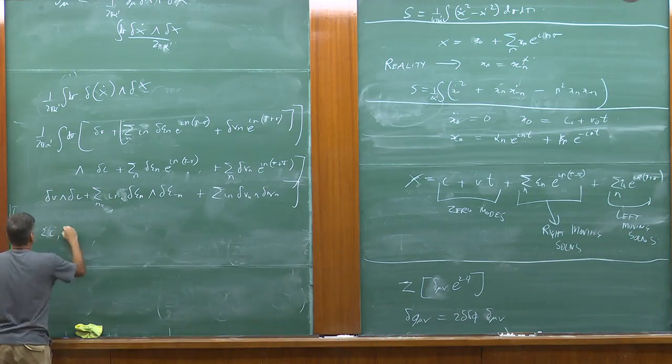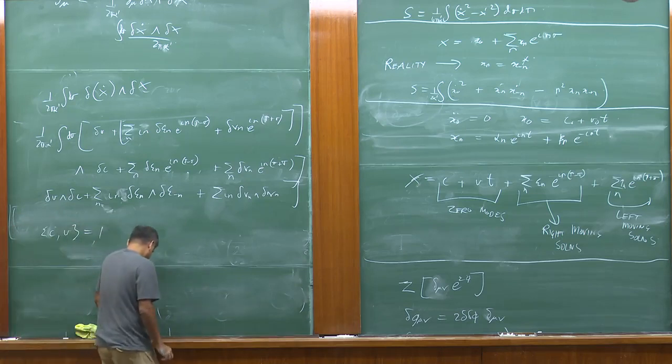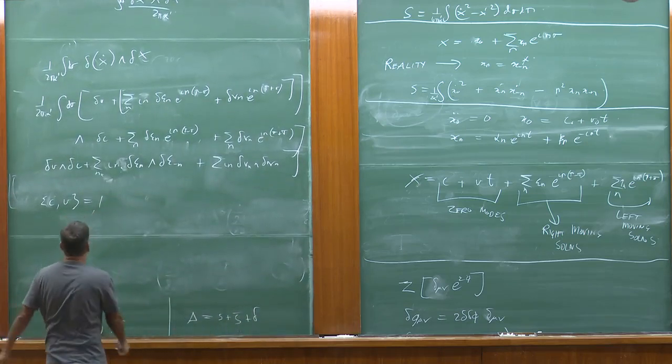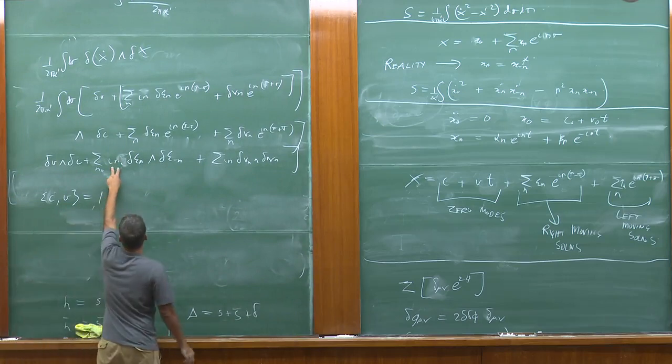So the Poisson brackets that we have are basically that the bracket of c and v is equal to 1. And now we have to keep our wits about us because of this inverse business.